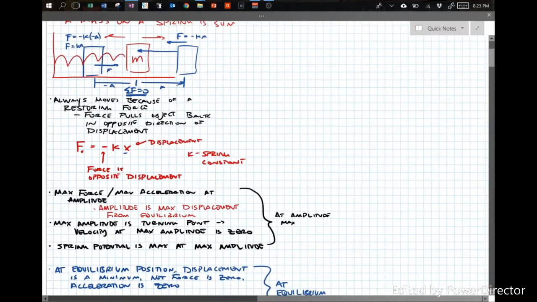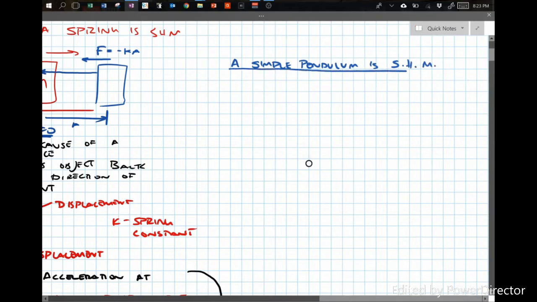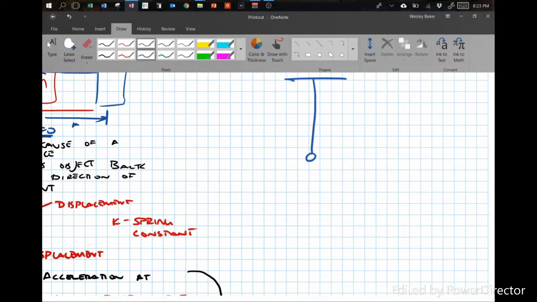Our other example of simple harmonic motion is a pendulum. A simple pendulum is simple harmonic motion. For a simple pendulum, we have the mass hanging down right here.